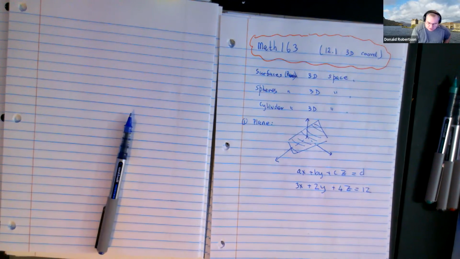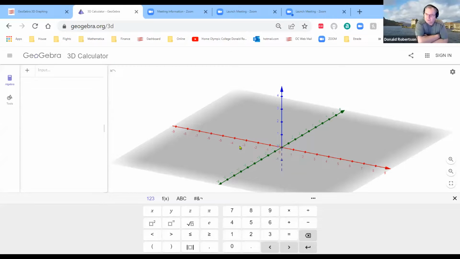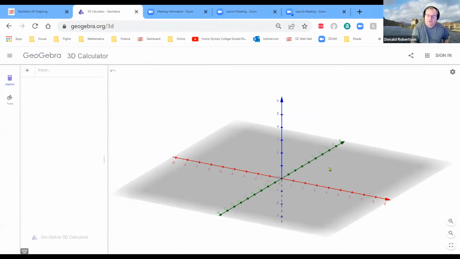And we have some software, which is called GeoGebra, that allows us, thank goodness, because that means I don't need to draw it anymore, allows us to draw them. So hopefully you are looking right now at GeoGebra, guys?